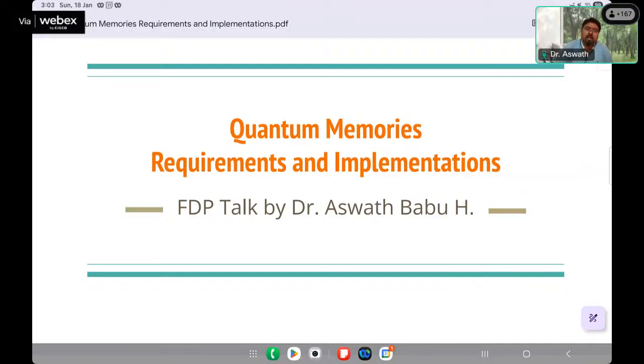And having known these requirements, how are we going to implement? What I mean is, how are we going to realize quantum memories for quantum computing tasks? Okay, fine. So let me go further.